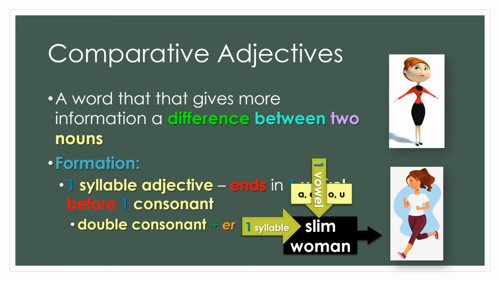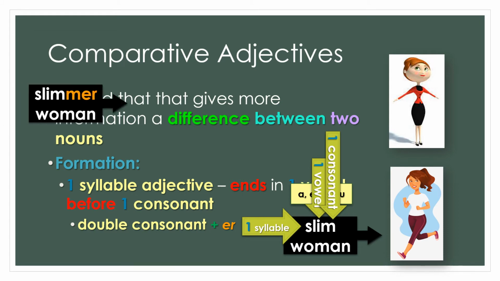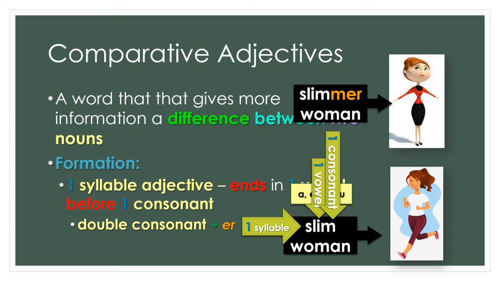The word slim has a vowel, the letter I, before a consonant, the letter M. So in order to make the word slim a comparative adjective, you double the M and add an ER. Slimmer. This woman is slimmer than the other woman.